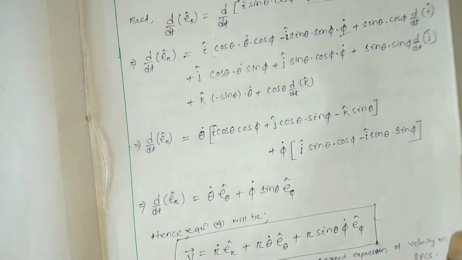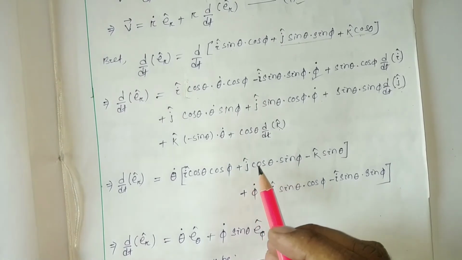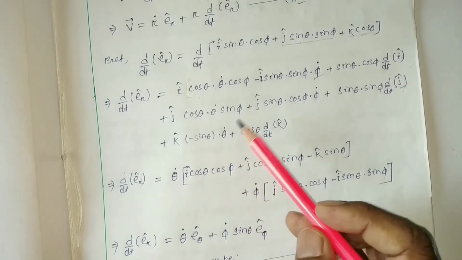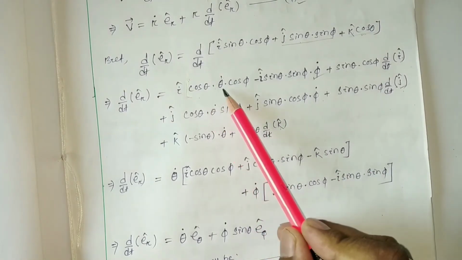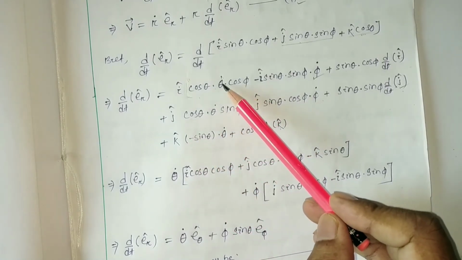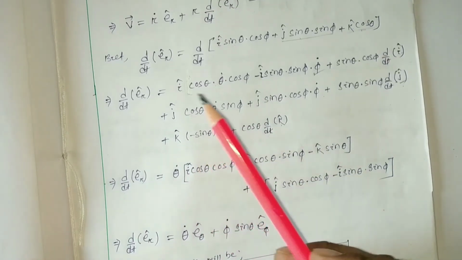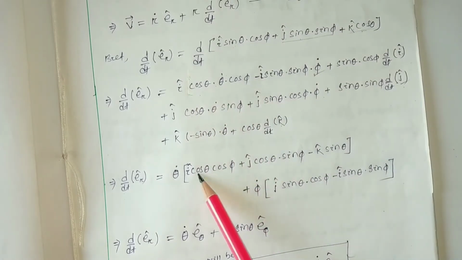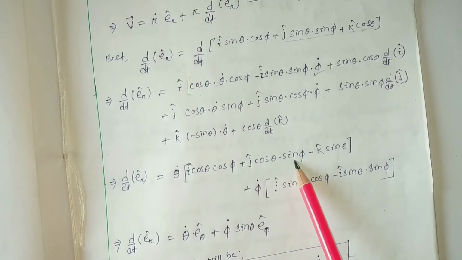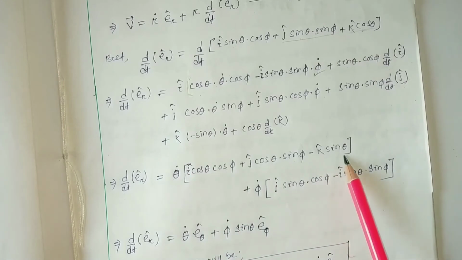So finally we can get d by dt of e_r cap will be equal to, here you can see that these three terms contain theta dot. So theta dot taken common, we get i cap cos theta cos phi, j cap cos theta sin phi, and minus k cap sin theta.